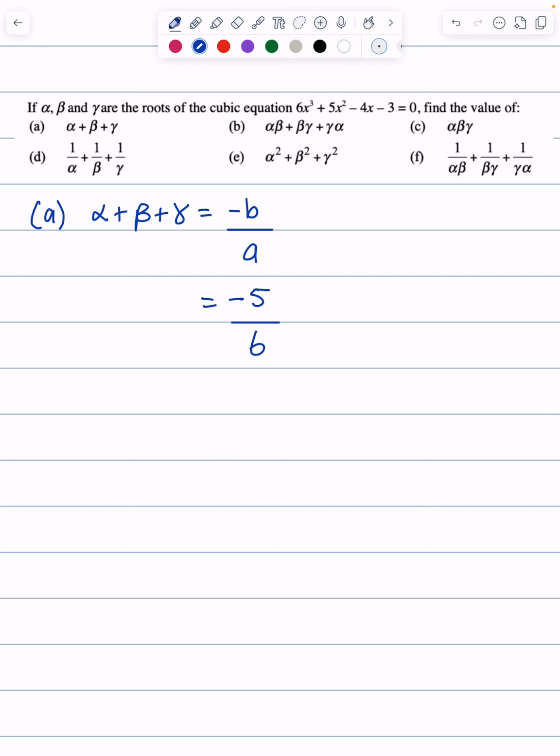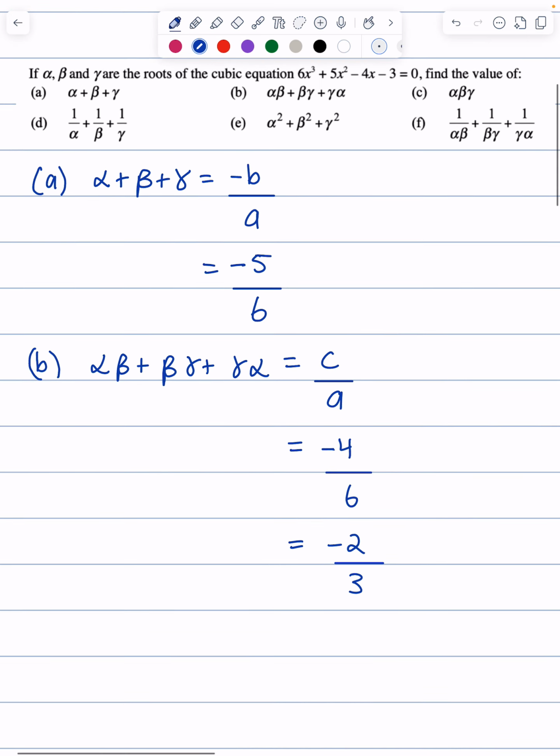Then for B, I have the product of the pair of roots, which is equal to c over a. So here c is minus 4 over 6, which simplifies to minus 2 over 3.